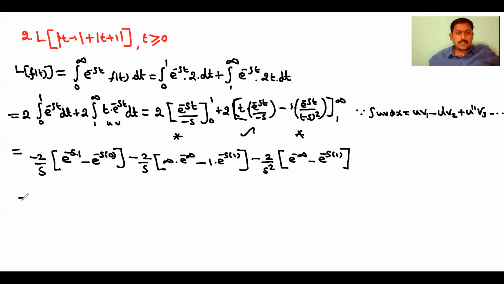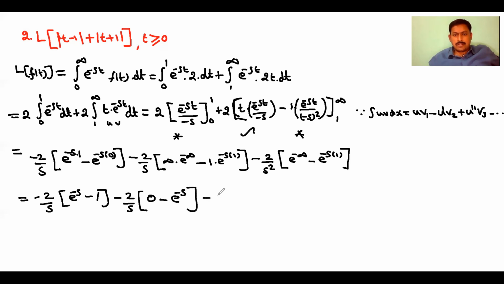If you simplify this, minus 2 by s, e power minus s, e power 0 is 1. Minus 2 by s, since we know that e power minus infinity is 0, so it is 0. 0 into anything is 0. Same process, minus 2 by s square, e power minus infinity is 0, e power minus s.